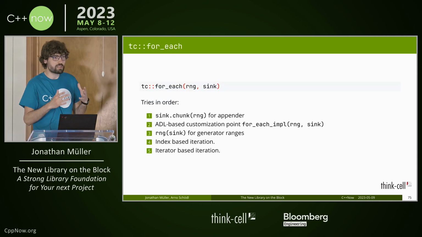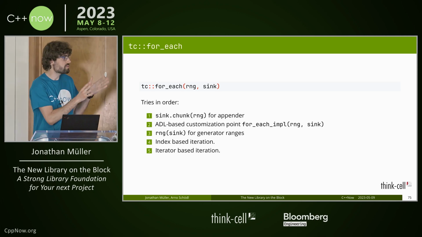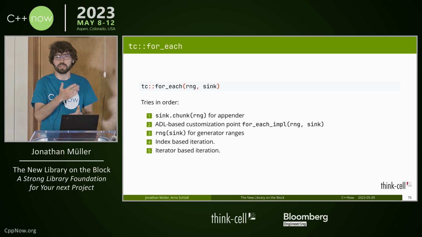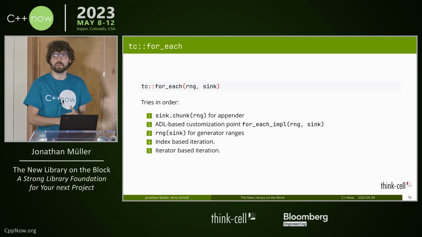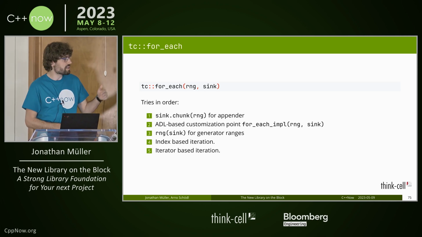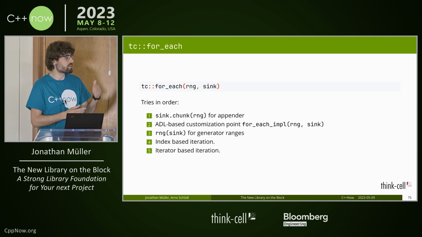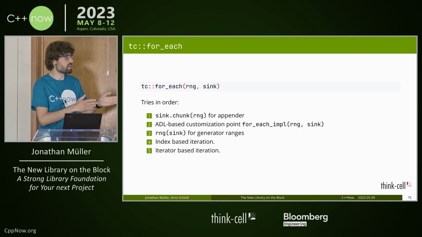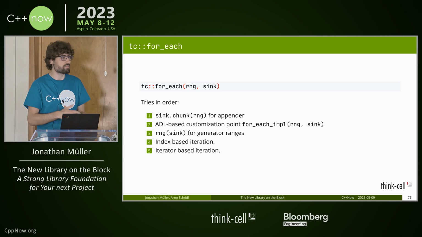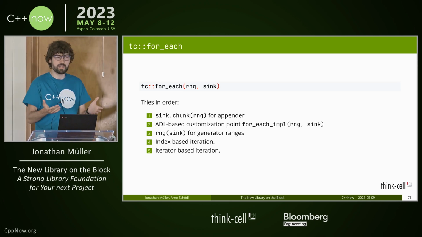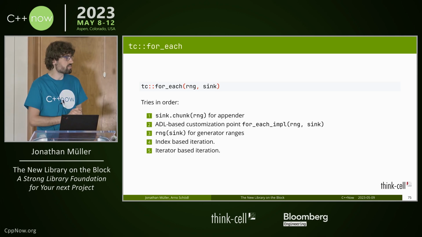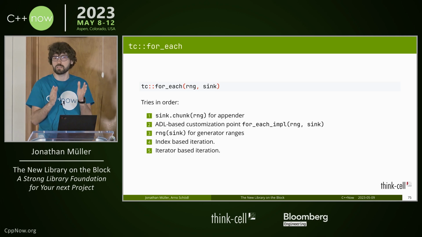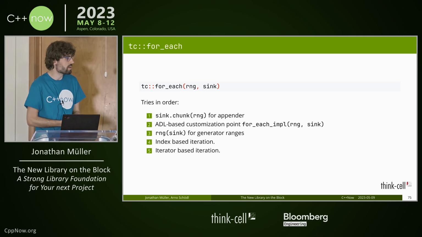So all of that logic is built on top of for_each. tc::for_each is the fundamental algorithm that everything is built on top of. That invokes the sink for each element using the most efficient way possible. That is, if the sink is some sort of appender, it calls chunk, if that accepts it, so it can get the entire chunk at once, if that's more efficient. If we know there's a special case for each for this particular combination of range and sink, we've got a customization point object, like for_each_impl, that just customizes how for_each works completely.